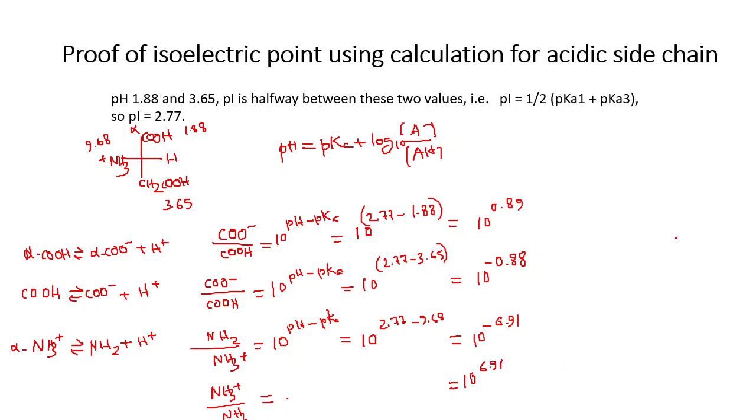Okay, now these are the ionization ratios. If I proceed to calculate the percent ionization of each of these, what would it come out to? I have done the calculation and I'll put the values directly, so you're welcome to do it yourself.